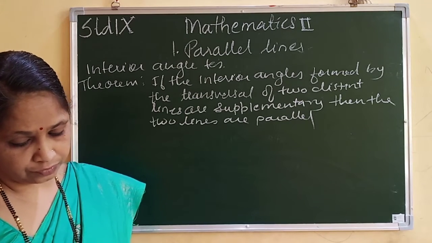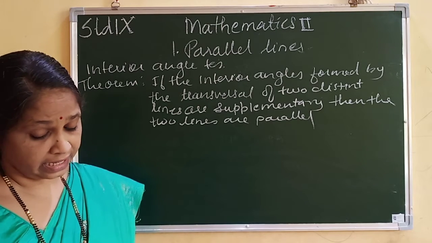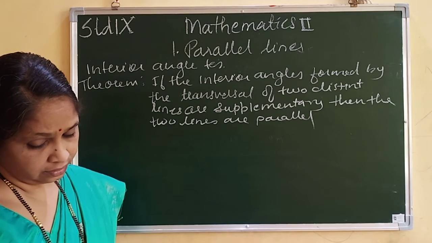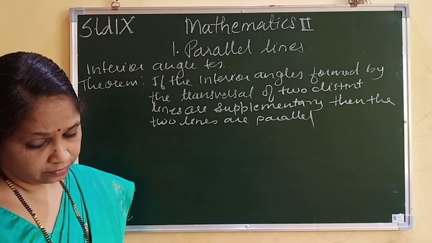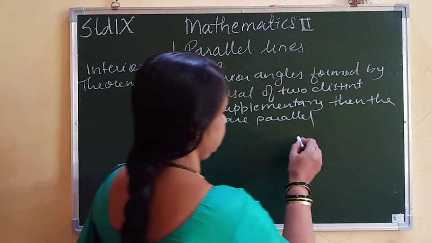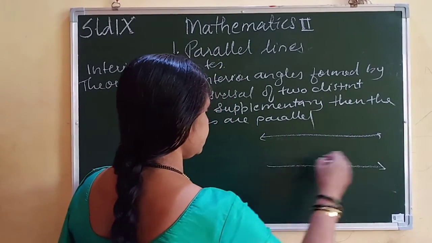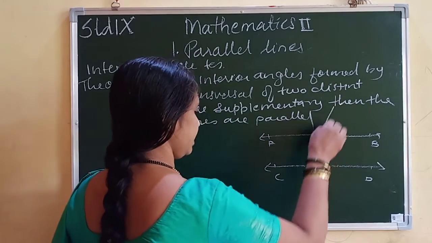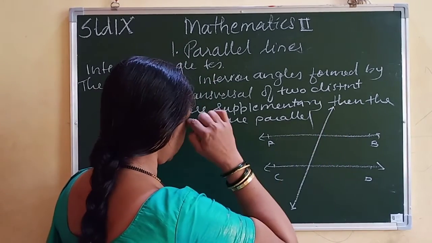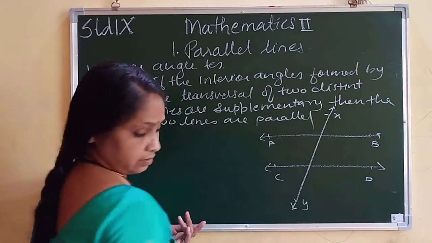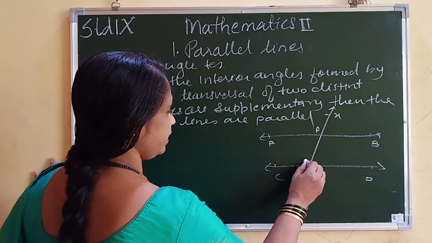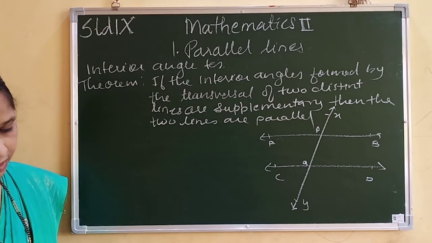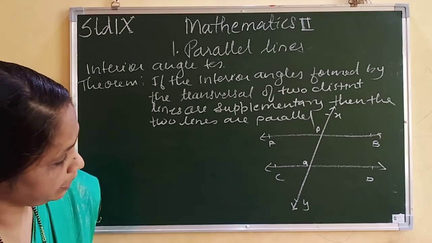For that, a transversal is given which intersects lines AB and CD such that the sum of the two angles is equal to 180 degrees. Suppose we name this line AB and this CD, and this line is the transversal XY. They intersect at points P and Q.